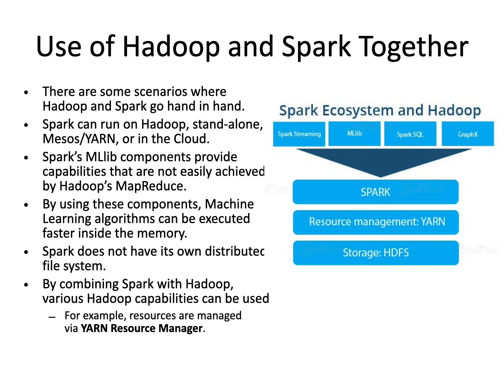Spark doesn't have its own distributed file system, so by combining Spark with Hadoop, various Hadoop capabilities can be used. For example, resources are managed via YARN and so on.